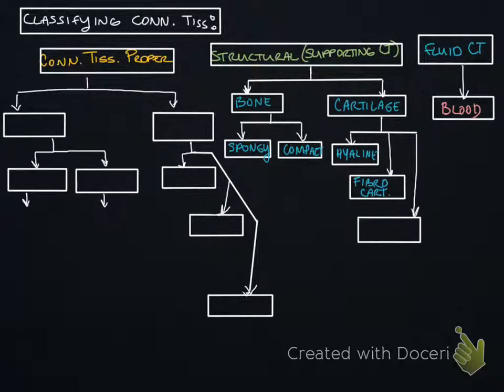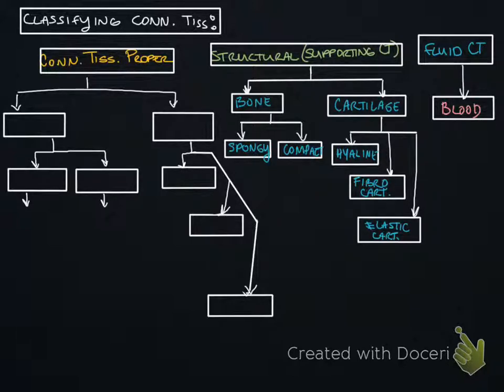Fibrocartilage is super tough. It's found in places where you have a lot of grinding. So, for example, the intervertebral disc and the meniscus of the knee are made up of fibrocartilage. And then finally we have elastic cartilage. The ends of your nose and also your ears are made up of elastic cartilage.